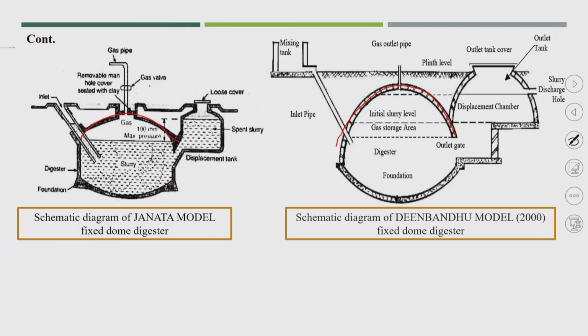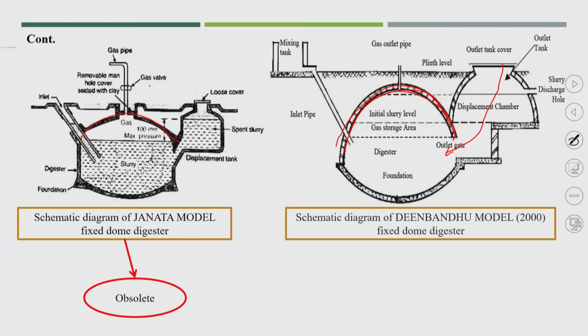But in case of the Deenbandhu model, even one particular person can enter. That outlet is so big that any person can go inside and check the leakage, and if some leakage is found, they can remove that particular leakage. That was the benefit of the Deenbandhu model.